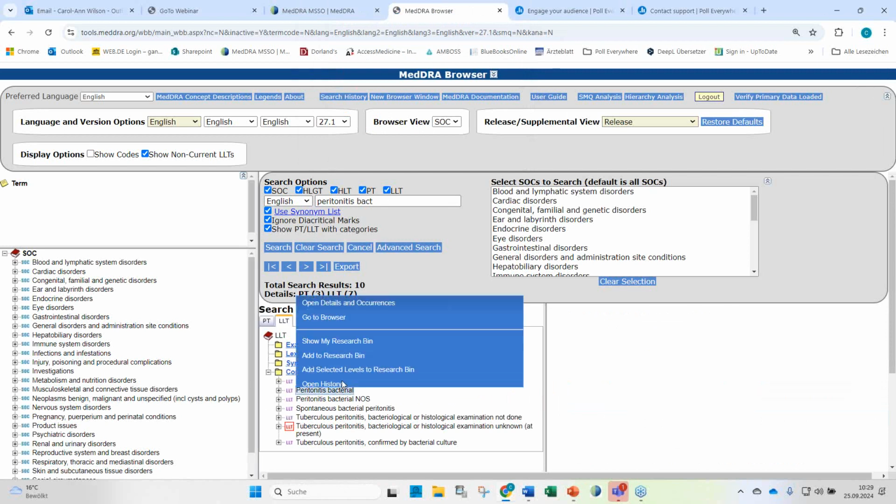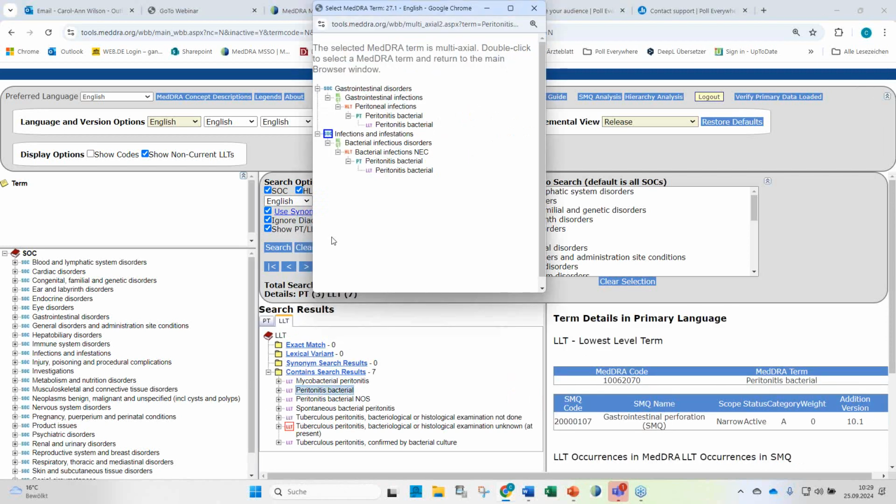Here we are. If we look at the hierarchy now, we see that again it's primary SOC infections and infestations, of course, but this PT is grouped under HLGT bacterial infectious disorders.